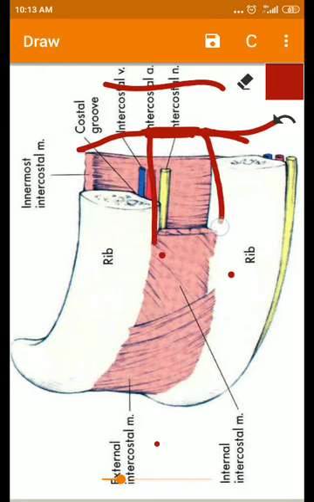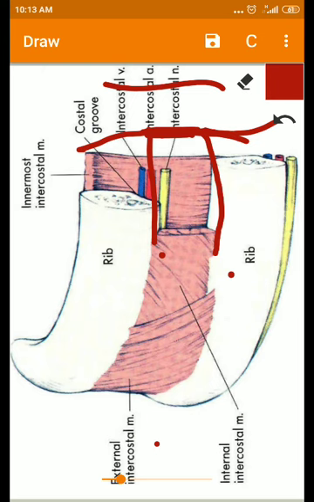Here it is extending, and it runs up to the level of the angle of the rib, where it is replaced by the posterior intercostal membrane. Anteriorly it is replaced by the anterior intercostal membrane, isn't it?